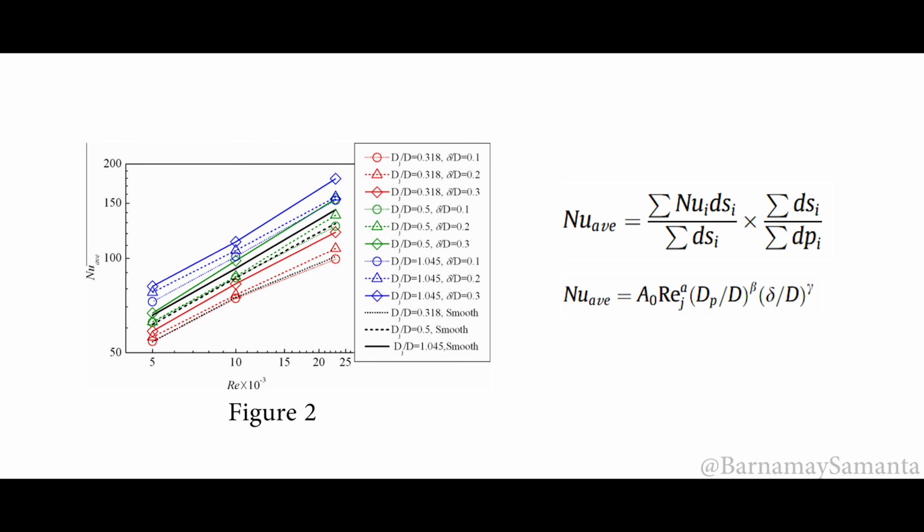The variation of average Nusselt number on protrusion surface is summarized as below. It is the same as that for stagnation Nusselt number. In detail, Nusselt number is higher with larger protrusion relative depth, jet to protrusion diameter ratio and jet Reynolds number. However, it is worth pointing out that average Nusselt number on protrusion, when dj/D equals 0.318, 0.5 and δ/D equals 0.1, has slight difference with that for corresponding smooth target surface.